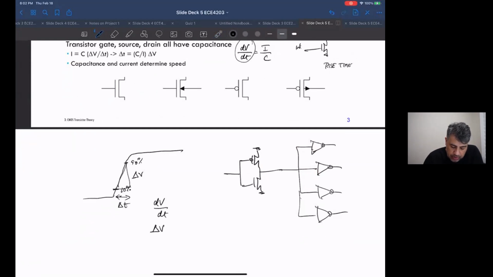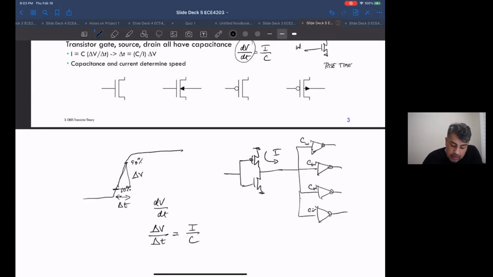If you want to look at it more discretely, it's kind of like that. It is equal to I over C. I is how much current this gate is sourcing, and C is how much all these capacitors add up to, all these various capacitances.